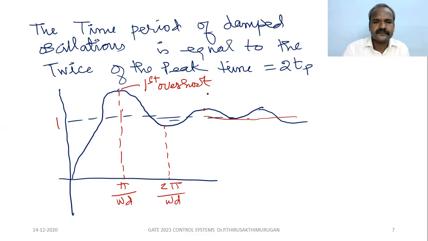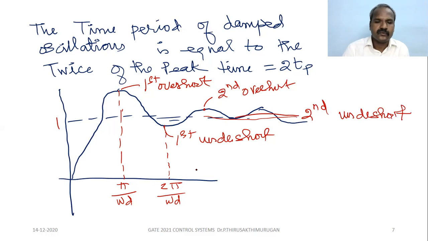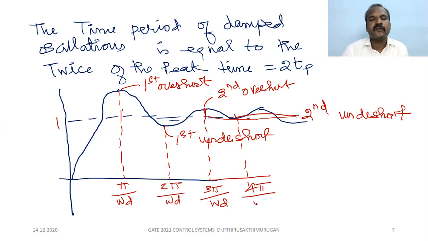Second overshoot, then second undershoot at 3 pi by omega d, and then 4 pi by omega d.